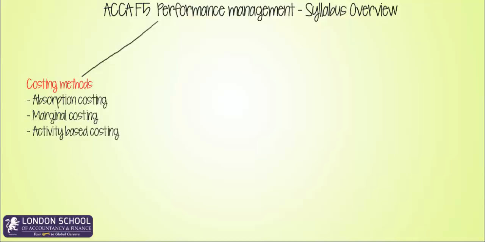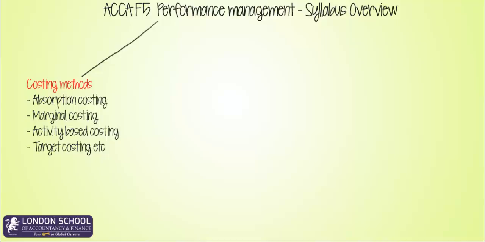Some of them are activity-based costing that we're going to cover in F5. We are also going to cover target costing. There is life cycle costing, throughput accounting, and so on. But we'll see when we get there. So costing methods is the first part of the F5 syllabus.